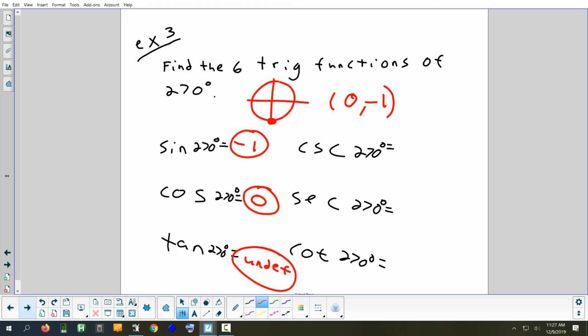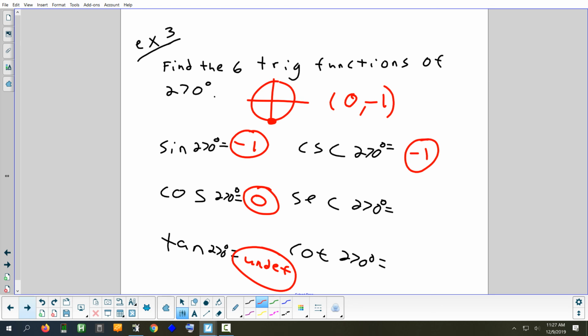Emily, how about my cosecant? Which is what? -1. Yep, stays the same. Sam, what about my secant? Would be 0. Well, it can't be the same as this. We have to flip that. So what do you get if you flip 0?